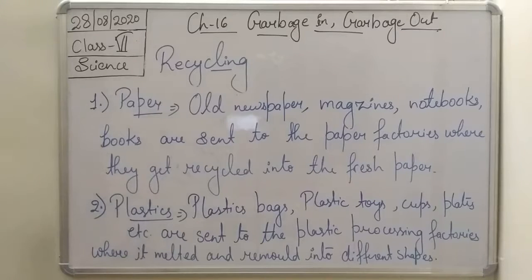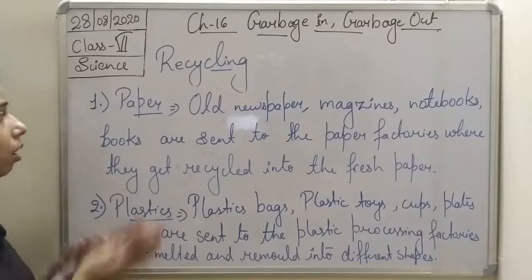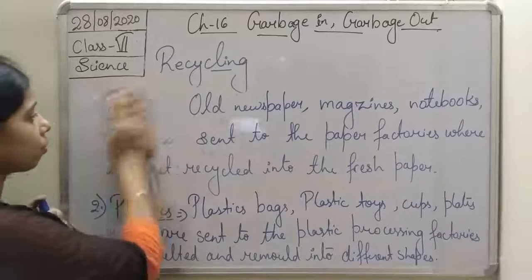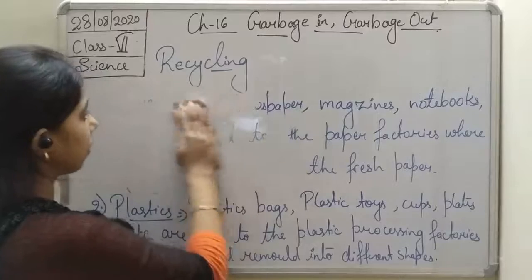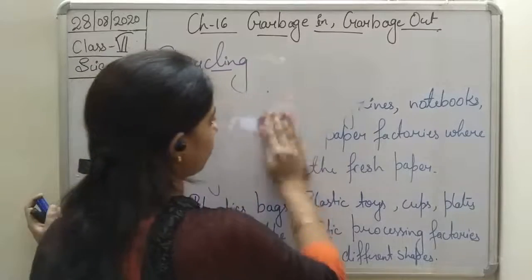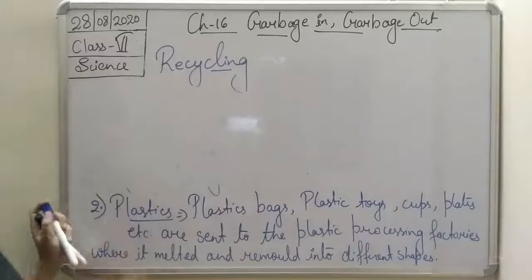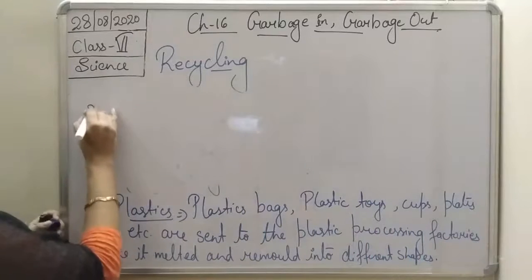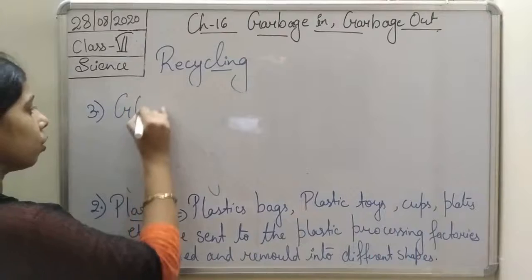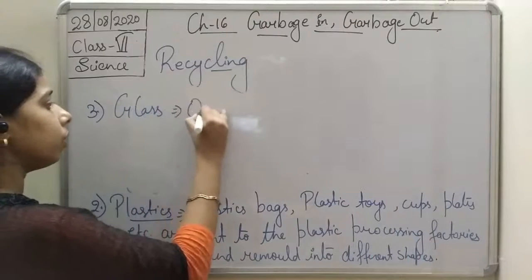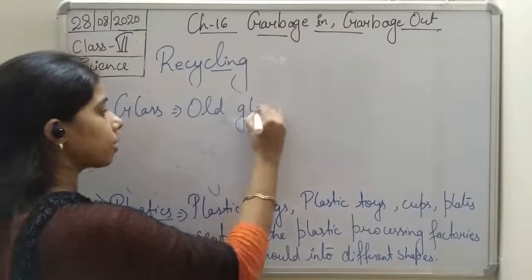We will do the same thing with glass also. So you see here for glass, students. In case of glass, we will do the same thing. The third one is glass objects. A lot of old glass objects are there.